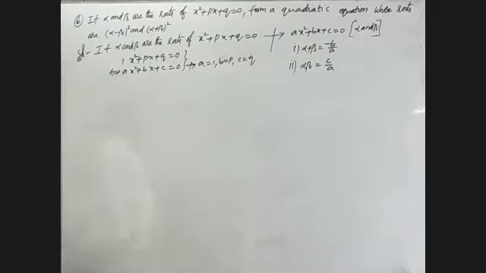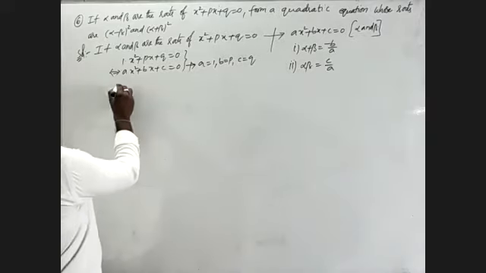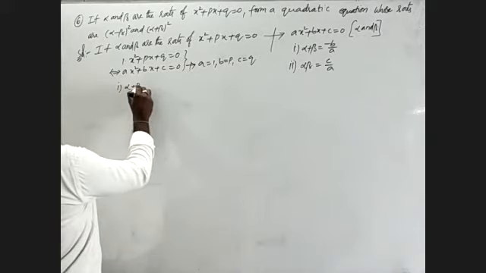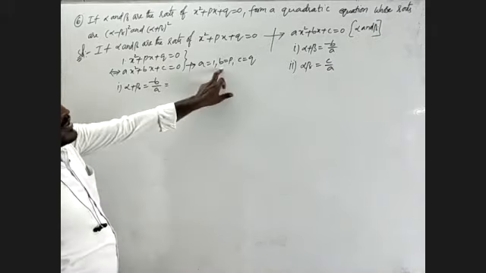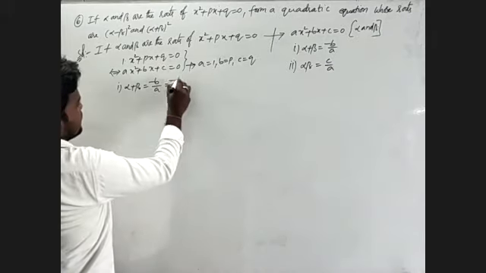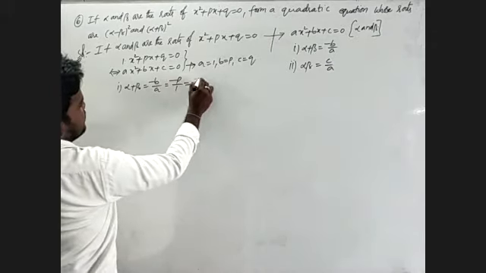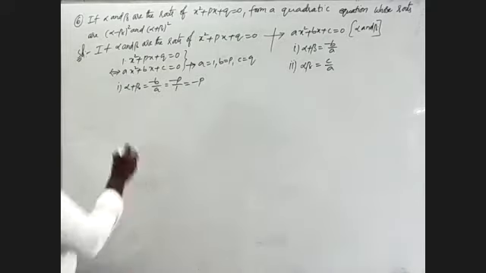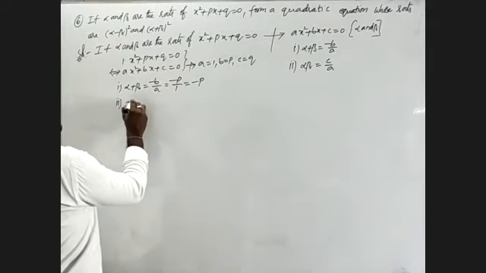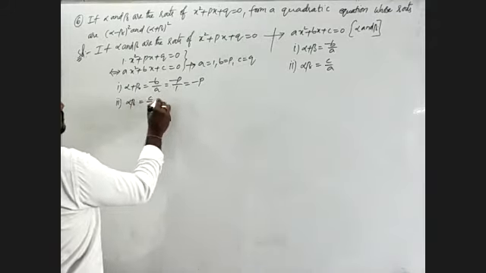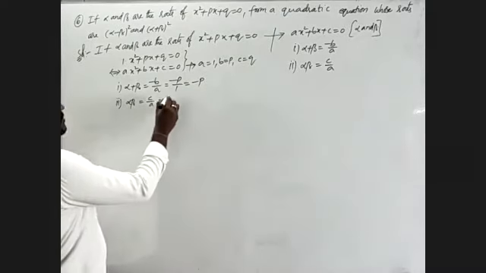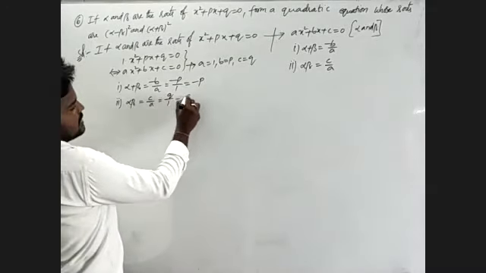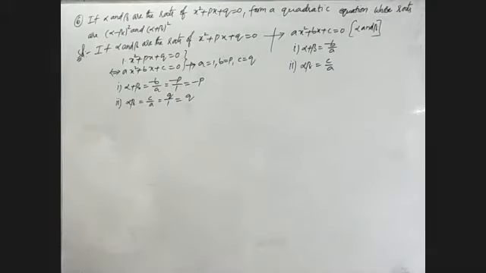First we write the condition alpha plus beta is equal to minus b by a, where b is p and a is 1, so the value is minus p. After that, the product of zeros, alpha beta is equal to c by a. The value of c here is q and a is 1, so the value is q.